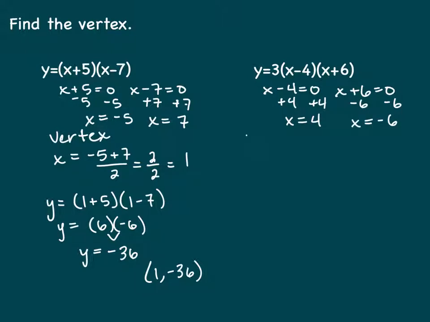Once again, I'm going to average x-intercepts to get the vertex, and I just keep writing vertex here so you don't get confused by all the x equals. So 4 plus negative 6 divided by 2. 4 plus negative 6 is negative 2, divided by 2. By the way, if you put this into the calculator in one shot and you do 4 minus 6 divided by 2, you need to make sure to put parentheses around the 4 plus negative 6.